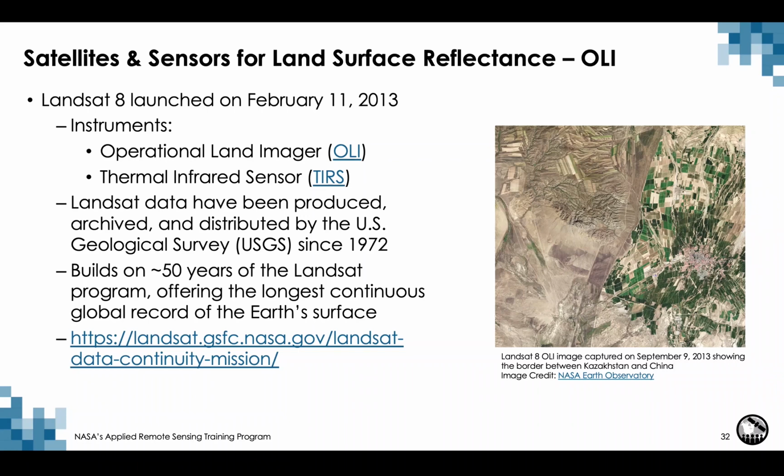The EROS Science Processing Architecture on-demand interface corrects satellite images for atmospheric effects to create Level 2 data products. The data is free to request, but you must have an account registered with the EROS registration system. EROS also provides analysis-ready data products, which include surface reflectance data for the conterminous United States, Alaska, and Hawaii. These are also available from the Earth Explorer website, which is provided on the following slide.